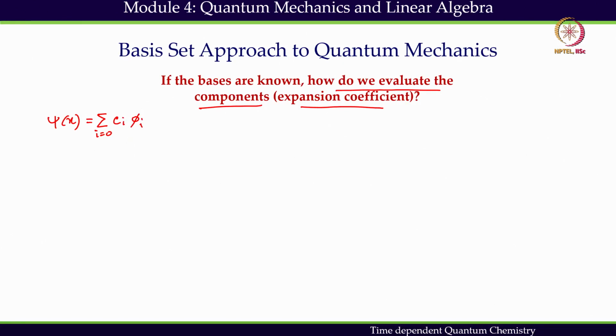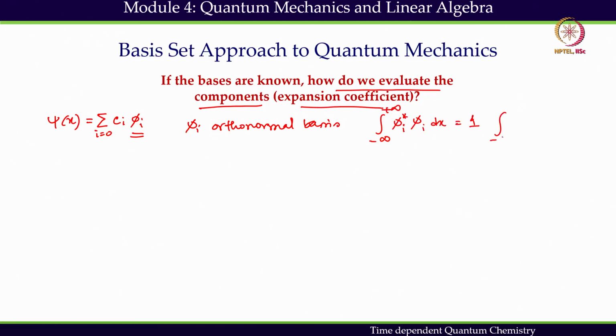We have to remember that this basis phi_i is an orthonormal basis. What does it mean? It means that if I do this integration of phi_i star phi_i dx, this is going to be 1.